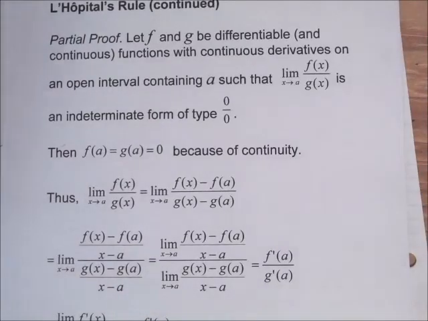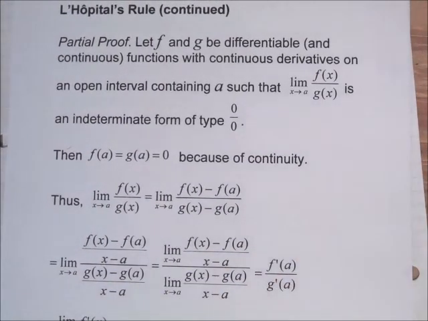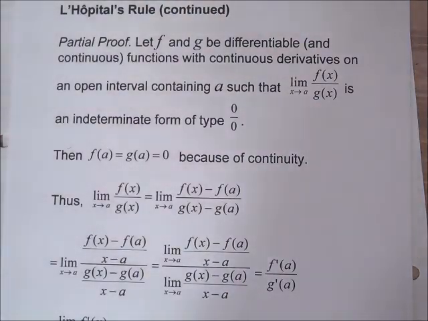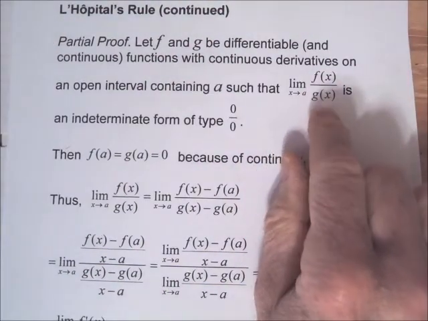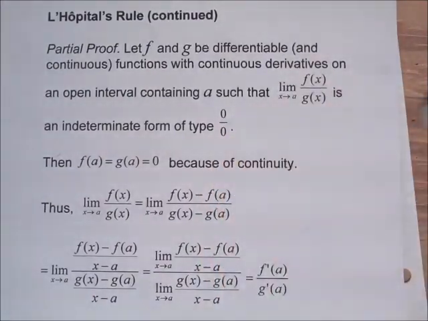Okay. I'll do a partial proof of L'Hopital's rule. Let f and g be differentiable functions with continuous derivatives on an open interval containing a, such that the limit as x goes to a of f of x over g of x is indeterminate of the form 0 over 0.